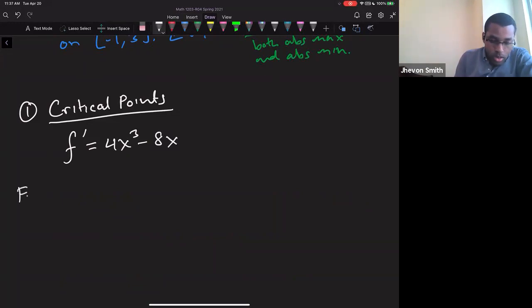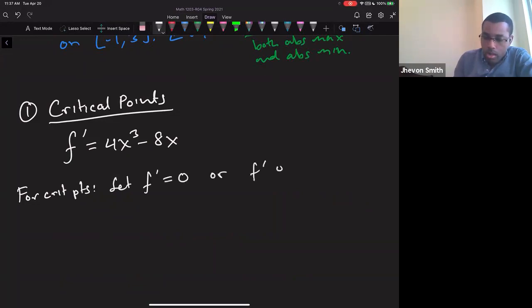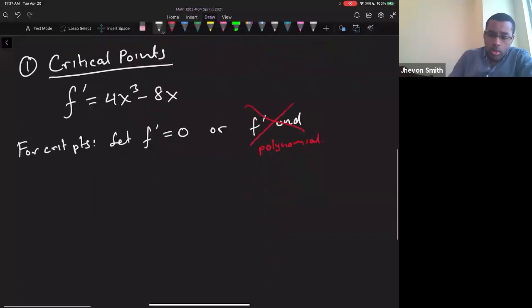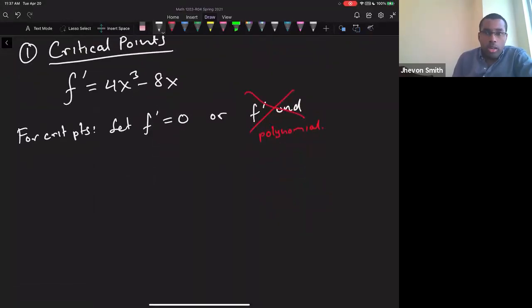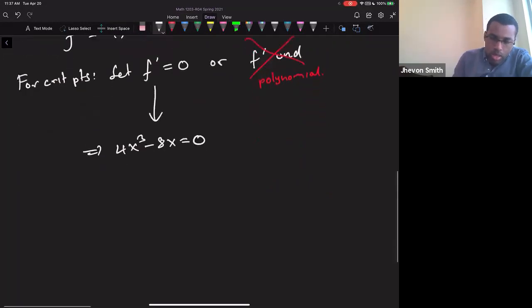Now for critical points, set f prime equals 0 or f prime undefined. f prime is a polynomial, never undefined, and so the only thing we have to look for here are the points where f prime is 0. So this means that 4x cubed minus 8x equals 0.